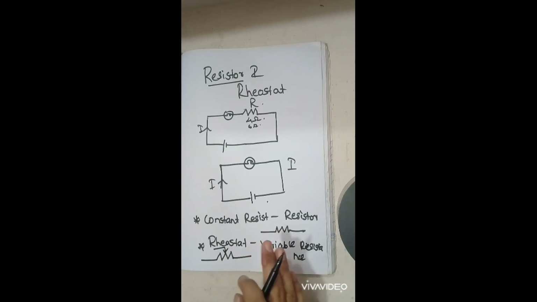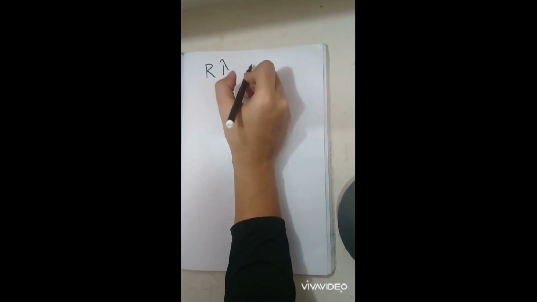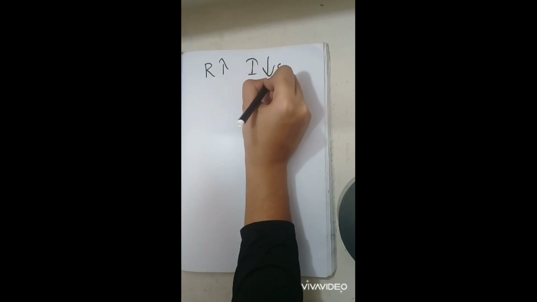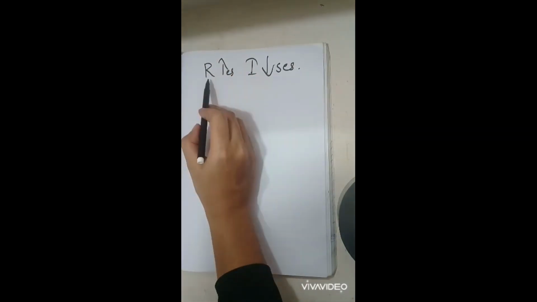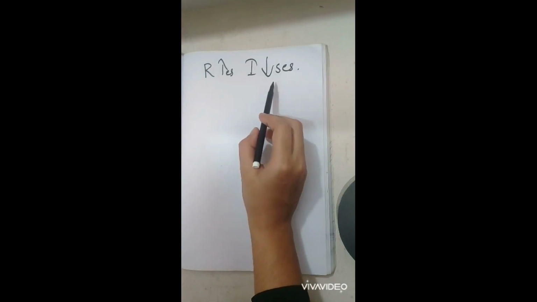Hope you understand the difference between resistor and rheostat. I already said that as the resistance increases, the current decreases. As the resistance increases, the current flowing through the circuit decreases.